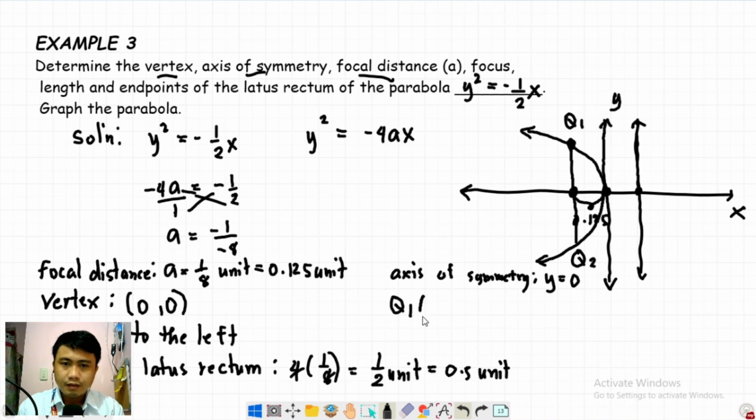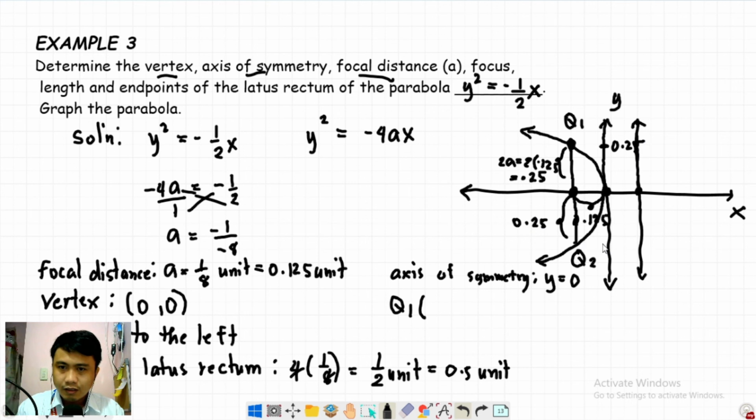Again, how do we get our Q1? Since we know that this is 2 times A. What is 2 times 0.125? It's 0.25. Same here, we have 0.5. So 0.25, 0.25.